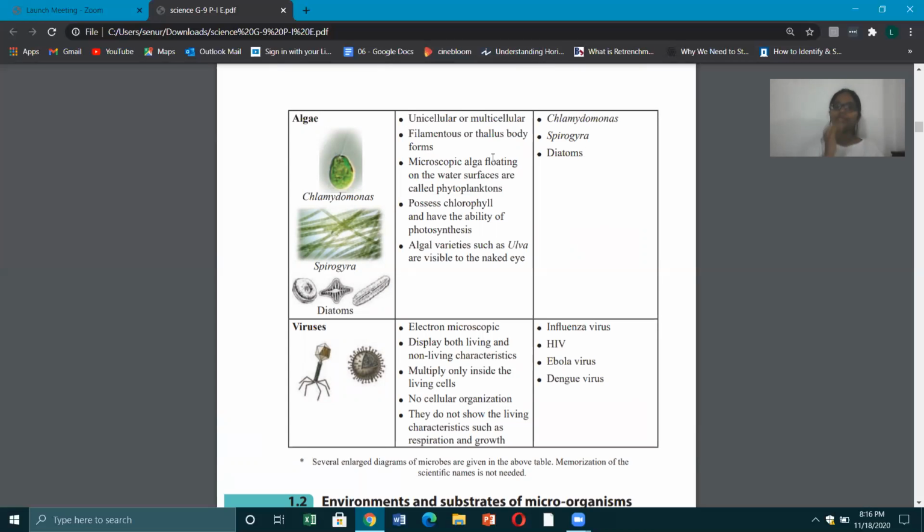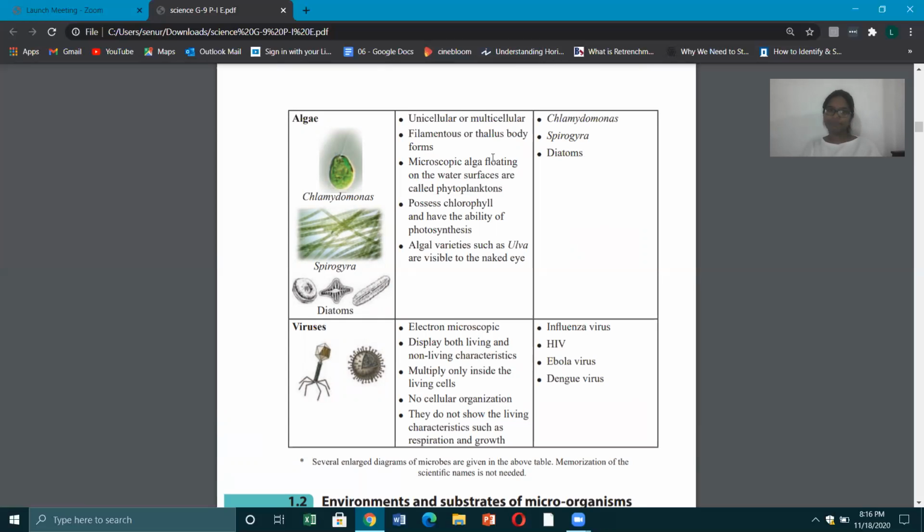Next one is algae. They are unicellular or multicellular. Quickly, just recall the second page. There was another organism we found that has unicellular and multicellular characteristics.